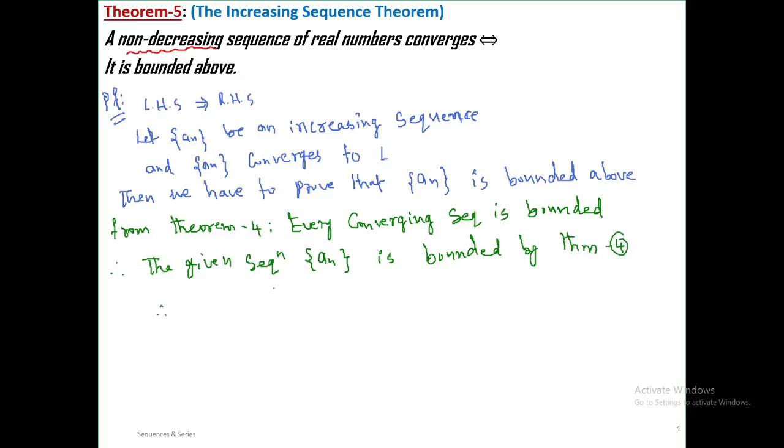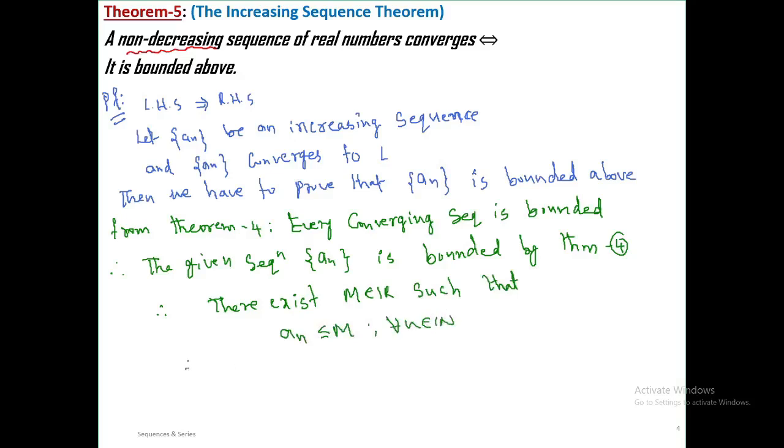So therefore, once it is bounded, there exists some M belongs to the real number system such that AN is less than or equal to M for all n belongs to the natural number set.